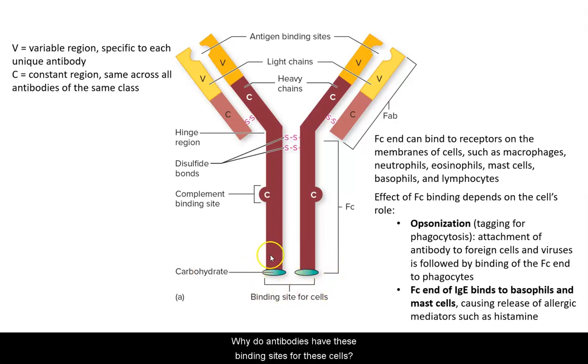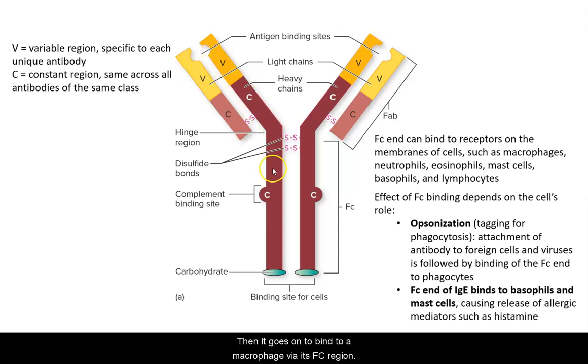Why do antibodies have these binding sites for these cells? Well, one reason is for opsonization. Remember, that's when you tag something for phagocytosis. So let's say this antibody interacts with the antigen on a pathogen.